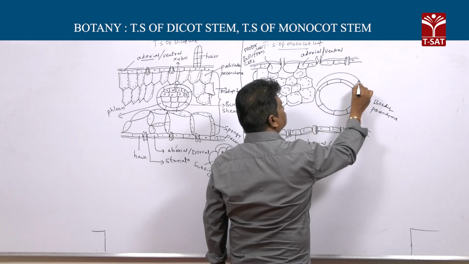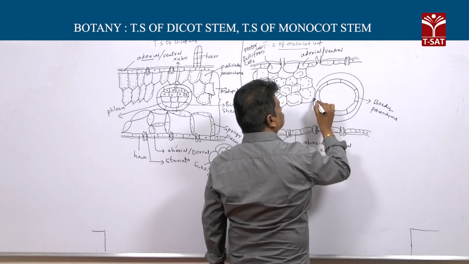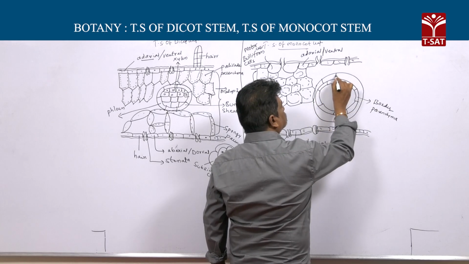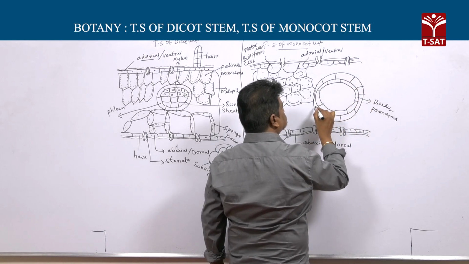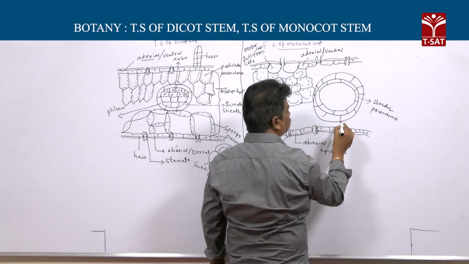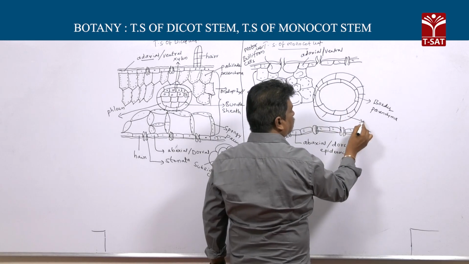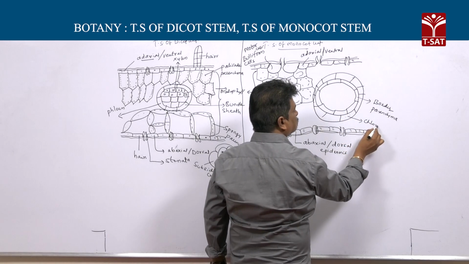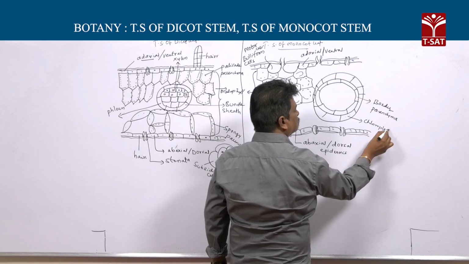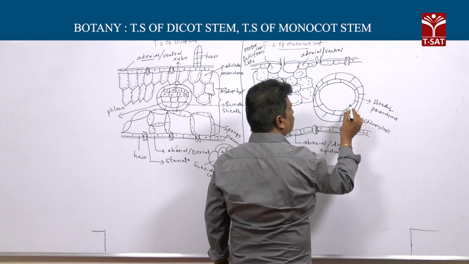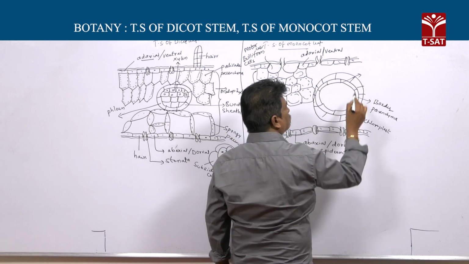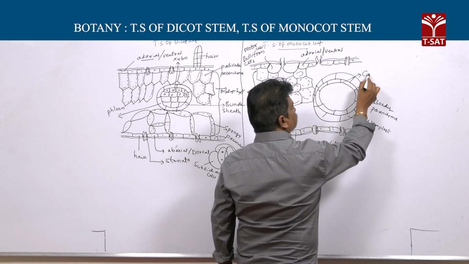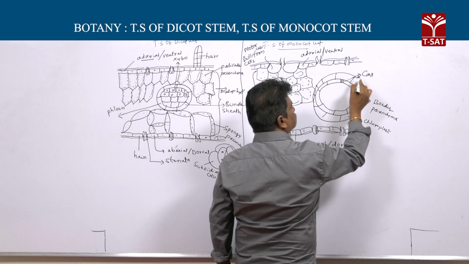In some plants, the bundle sheath is 2 rows of cells. Among the 2 rows, the outer row contains chloroplast, and the inner row shows Casparian thickenings.